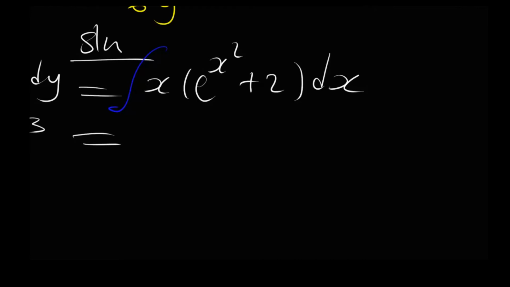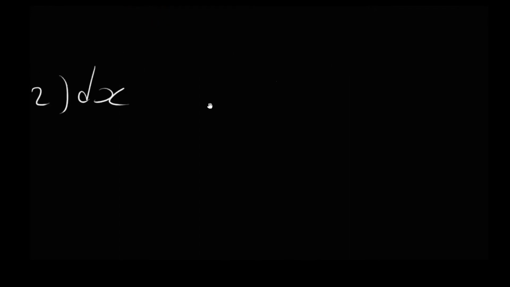For example, this one. I wanted to do it on a separate page, let's shift to this. If we set u equal to x squared, that means du will be what?